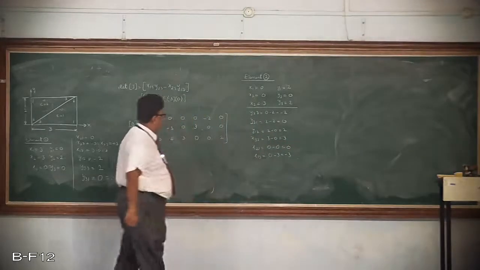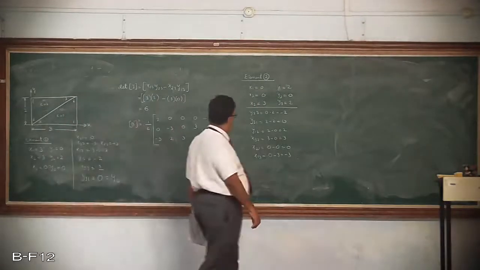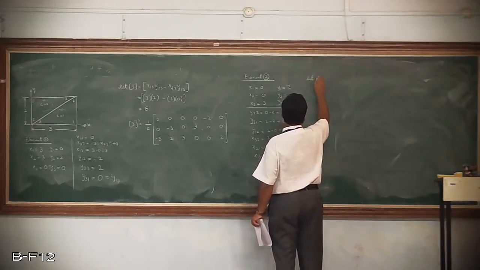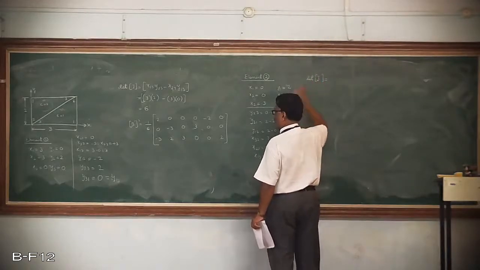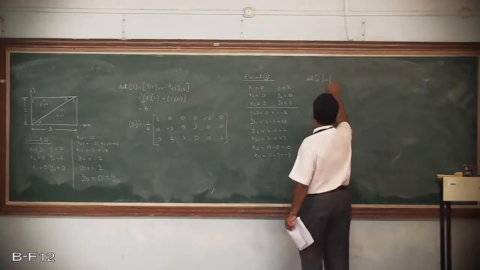All these elements, first work out and keep it ready so that directly I can write out the result. So similarly, if you want determinant of J, what is x13? x13 is minus 3.